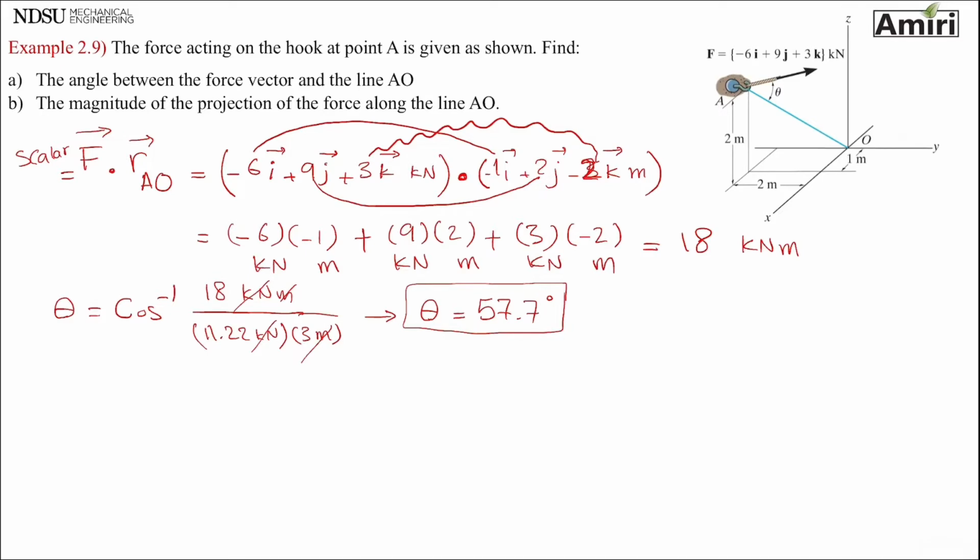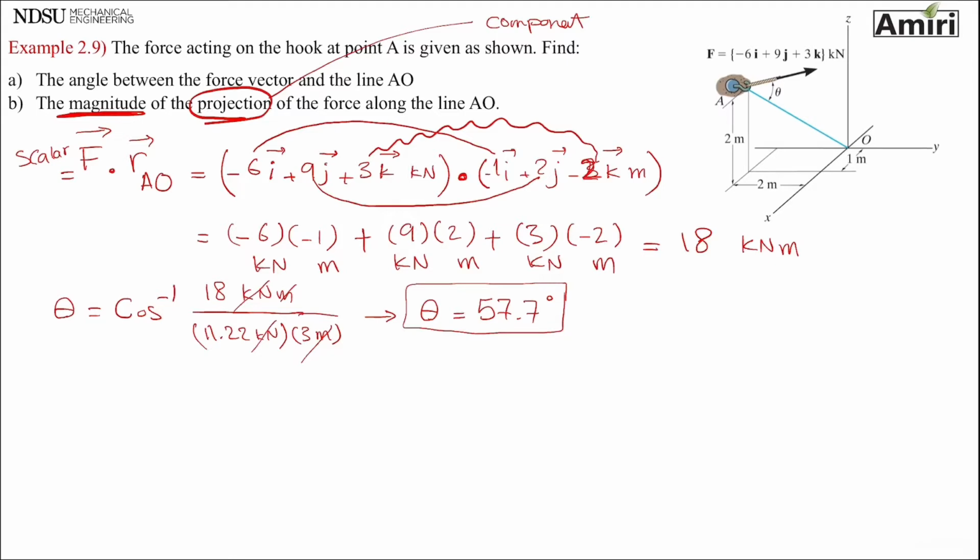Part B, the magnitude of the projection of the force along line AO. Projection magnitude, so it's a scalar. Projection or component along line AO, or parallel to line AO. These are all different terms and wording that someone might use.